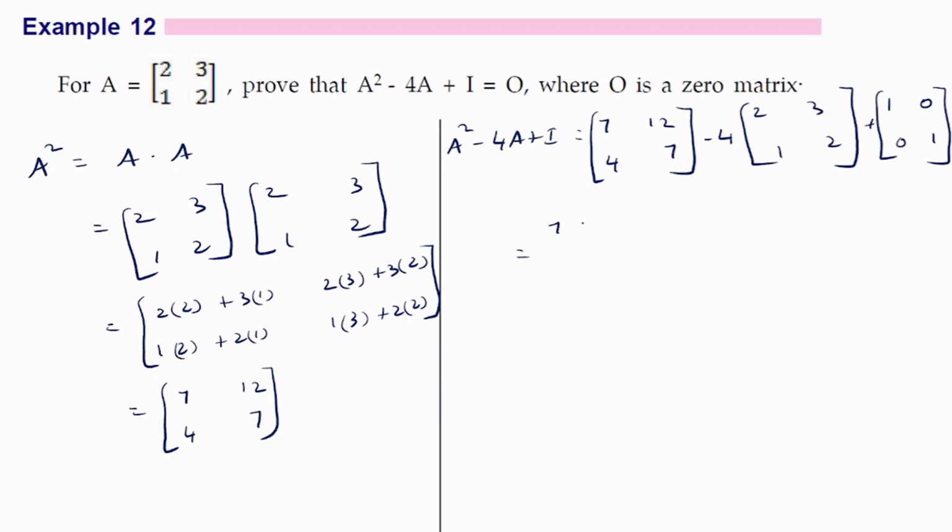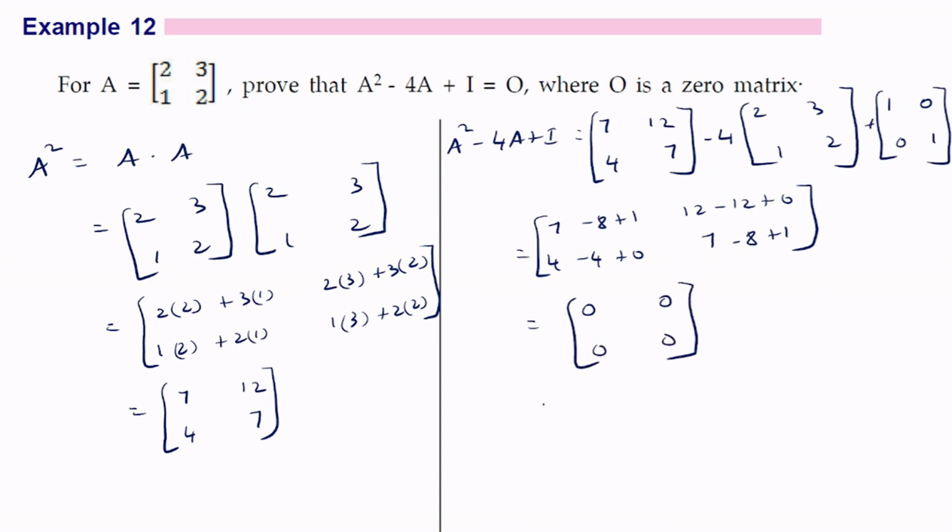So this is 7 minus 8 plus 1, then 12 minus 12 plus 0, then 4 minus 4 plus 0, then 7 minus 8 plus 1. So it is 0 0 0 0, which is the 0 matrix. So this is what we had to prove, and we have proved. This is equal to RHS.